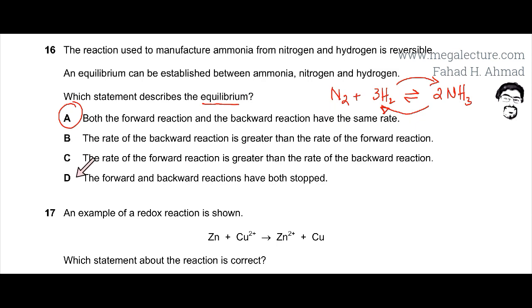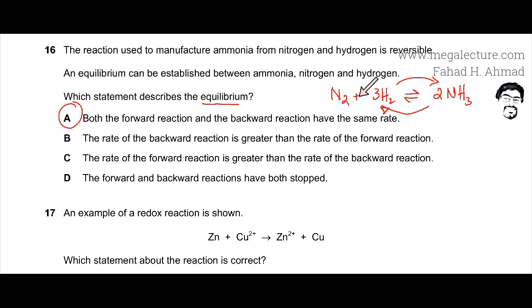But let's look at the other options. The other option is that the rate of the backward reaction is greater than the rate of the forward reaction, which is incorrect, because since it is at equilibrium, the forward and backward rates must be equal. Let's look at option C. The rate of the forward reaction is greater than the rate of the backward reaction. Again, incorrect. And the forward and backward reactions have both stopped, which is also incorrect.